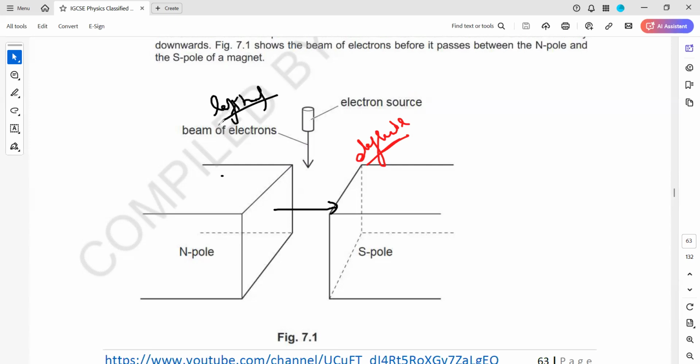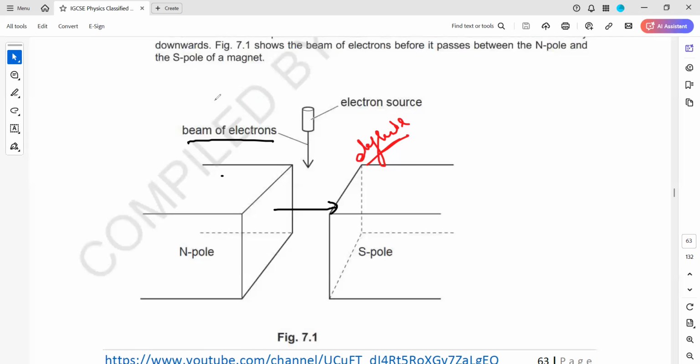You can use right, but then you have to make it opposite. The rule is the left-hand rule, but we make it opposite for the negative particle. The standard rule is the left-hand rule.